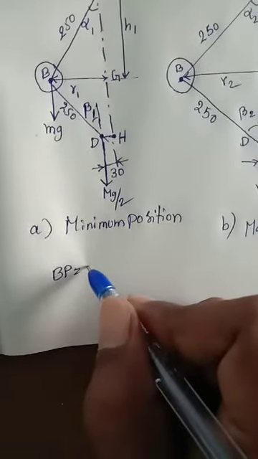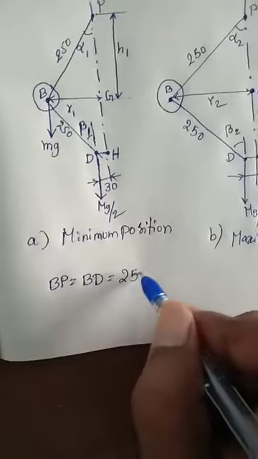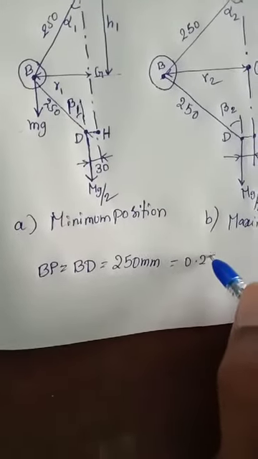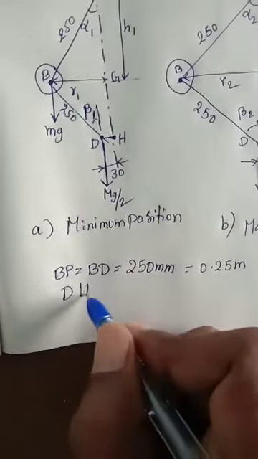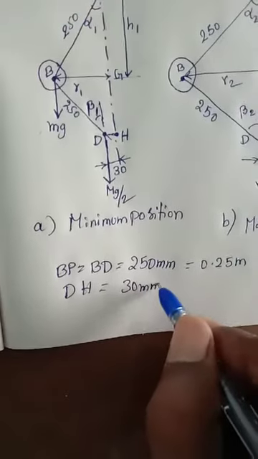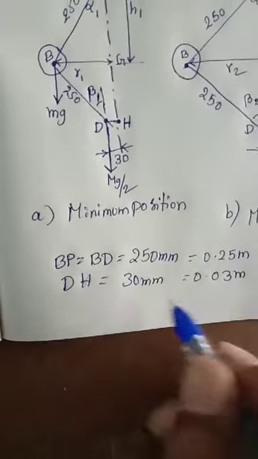BP is equal to BD is equal to 250 mm, that is 0.25 meter, and DH is equal to 30 mm, that is 0.03 meter.